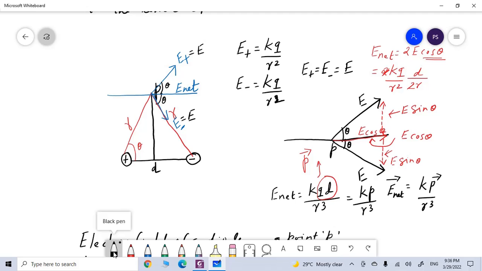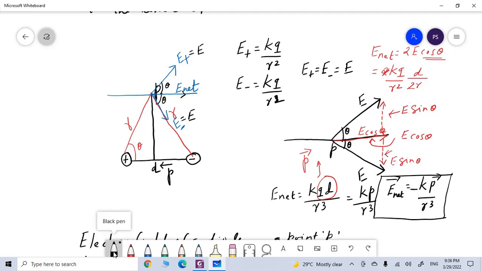Now the directions are such that the electric dipole moment is always along this direction, from negative to positive. But the net electric field is running along this particular direction. So here the net electric field and the net dipole moment are oppositely directed, so it's always customary to put a negative symbol here.